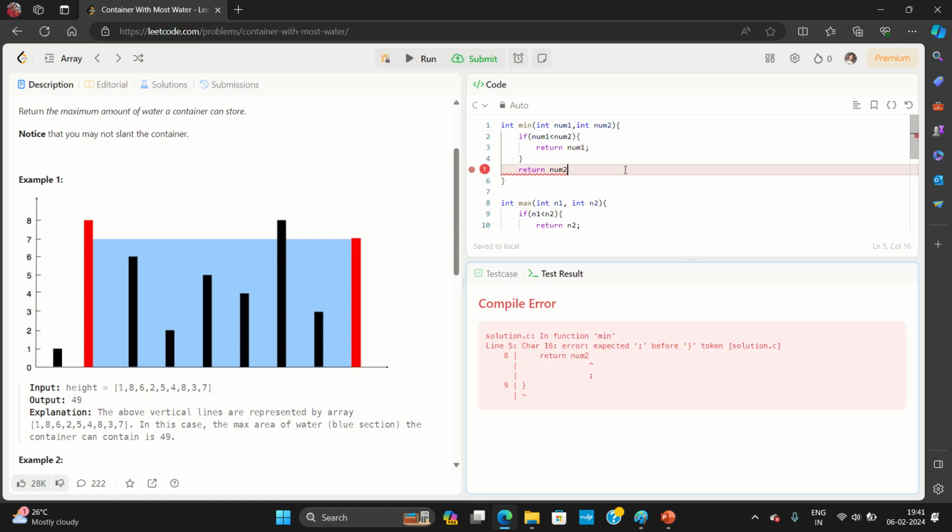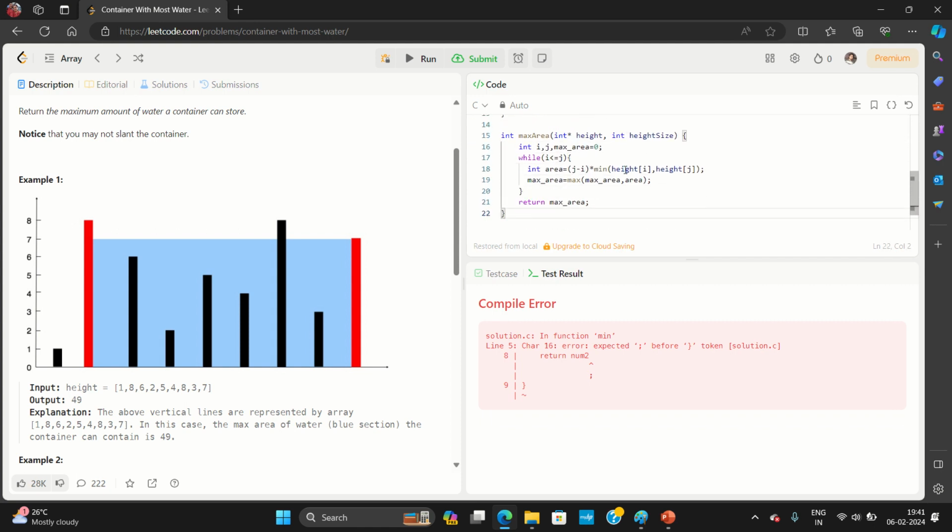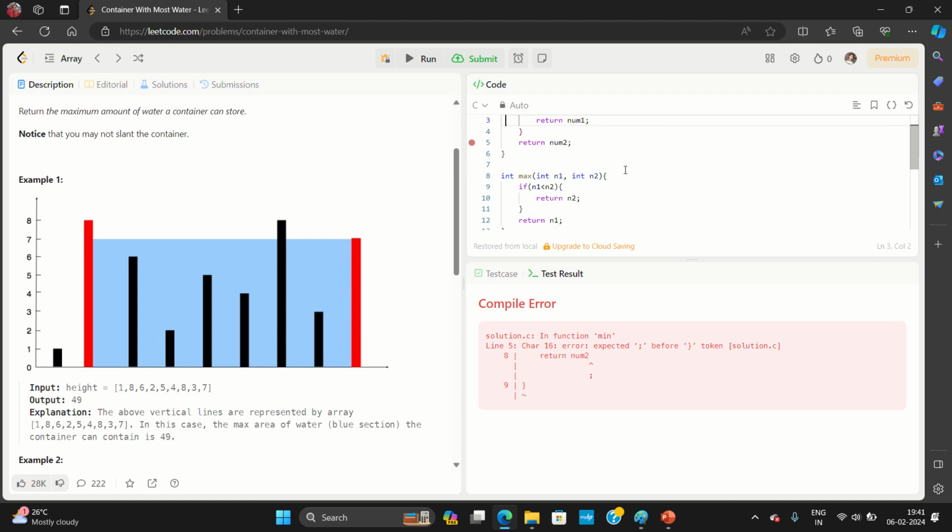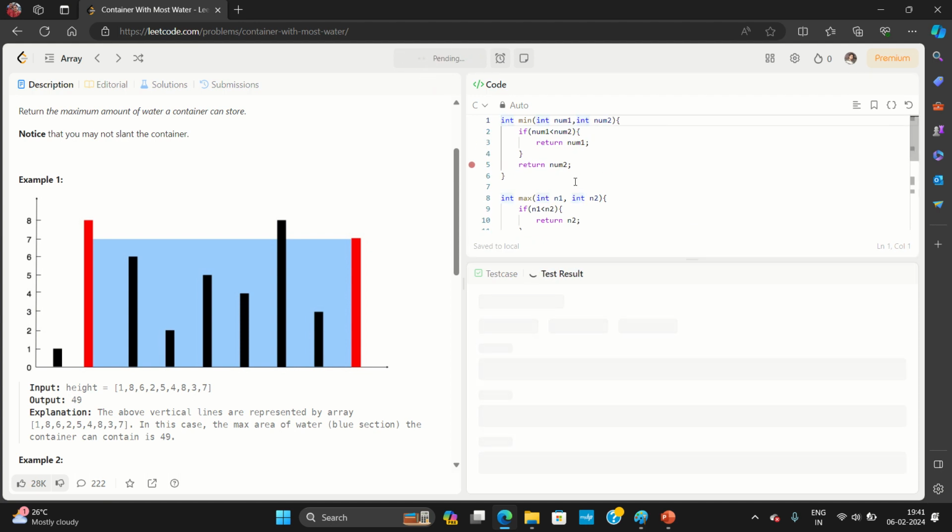Yeah, here you have a syntax error, and what else? Any other errors? No. Let me run again.